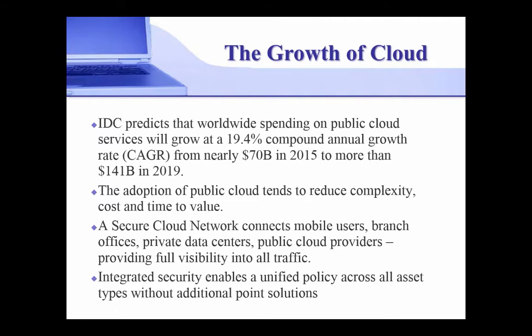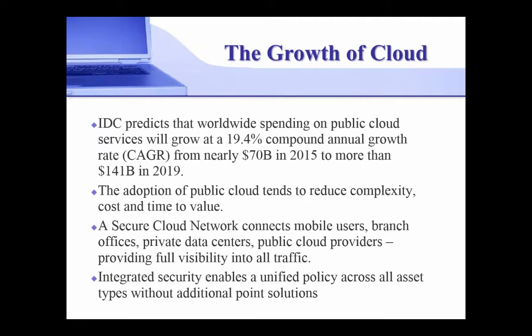And that raises a very important question. If we're using public cloud for all these other applications and all these other infrastructure services, why are we not at least considering using a cloud-based solution for security and for networking? And with that in mind, when I use the phrase a secure cloud network, I think of a network that connects mobile users, branch offices, private data centers, and public cloud providers.